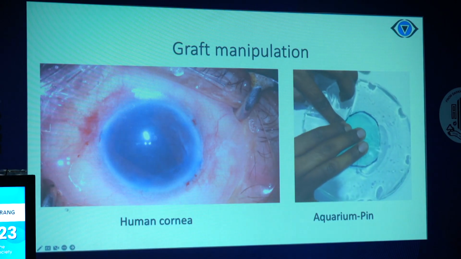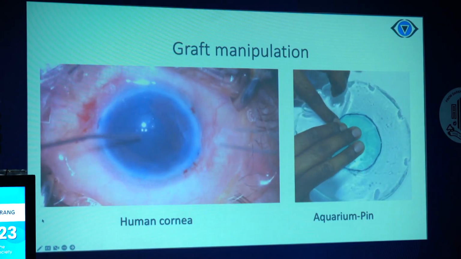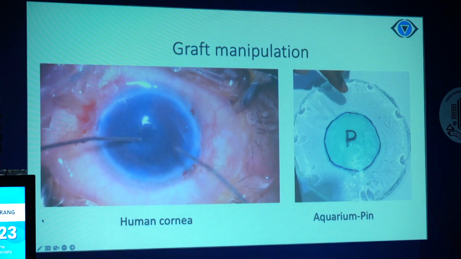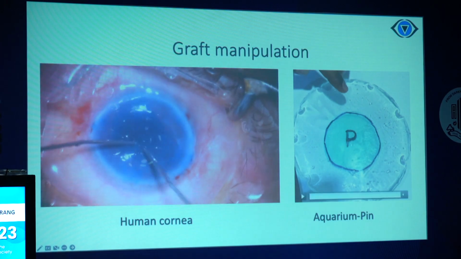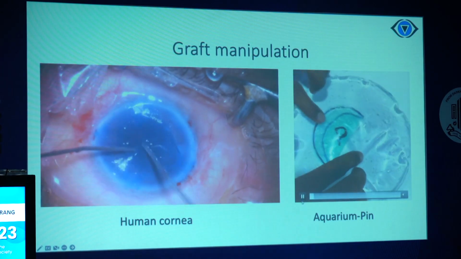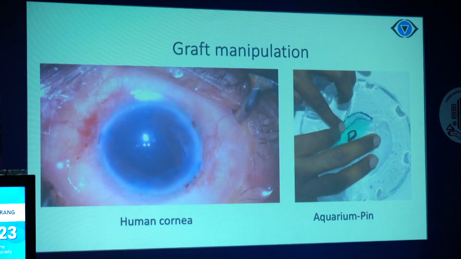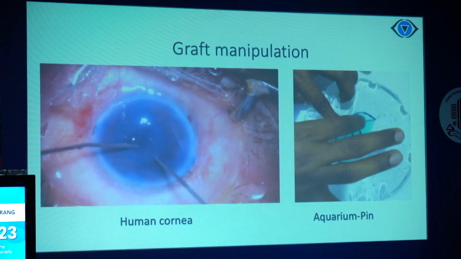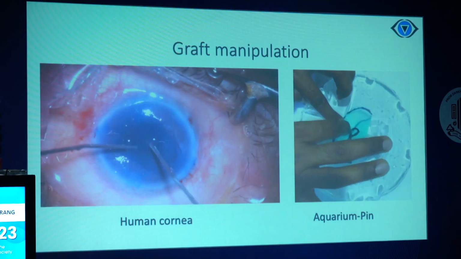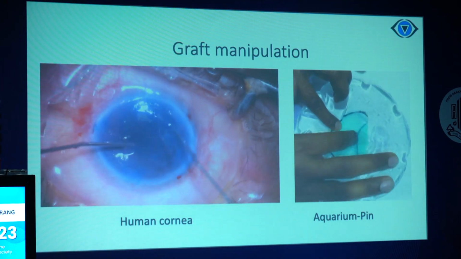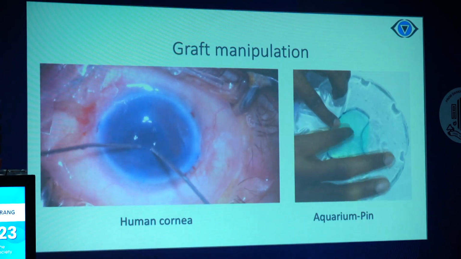All the manipulations which are needed can be practiced with this model, where here we are practicing the unfolding by pinning on one side and then opening with gentle taps with the cannula on the other side.